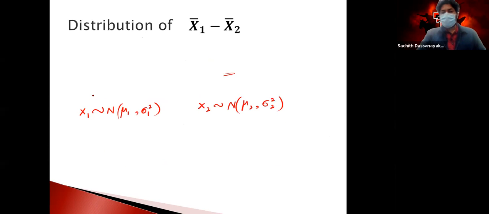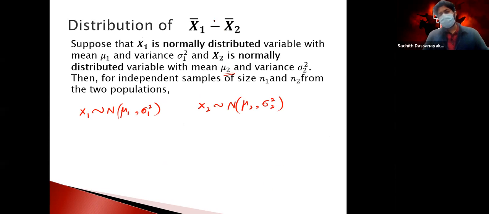Or it's like x bar minus y bar. That's the case if you compare with previous slides. These two are normally distributed. So if you remember, what happened to the x1 bar? It is again normally distributed, right? Mean is mu1.